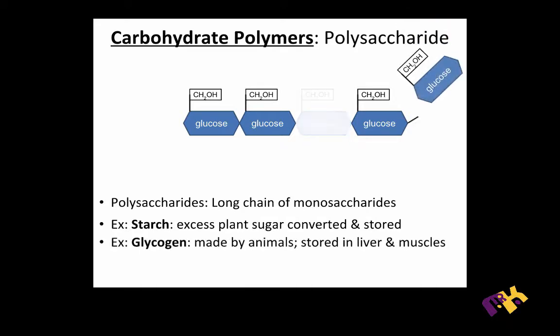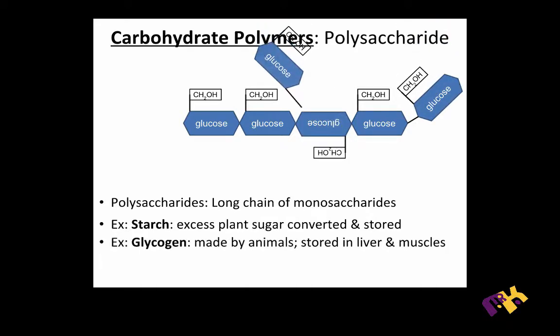We also, if we have an overabundance of glucose, will store it. We'll first store it in a temporary, emergency energy molecule known as glycogen. This is done in your liver and your muscle tissues.